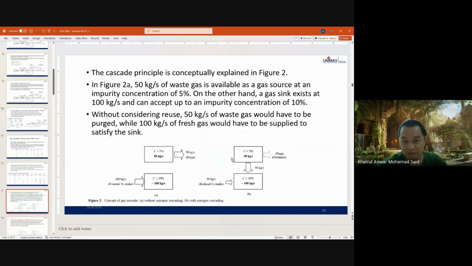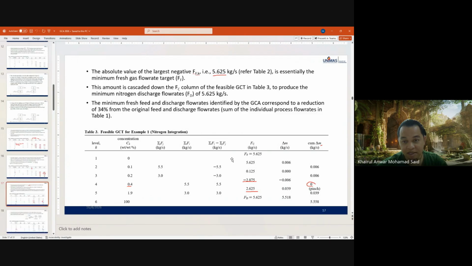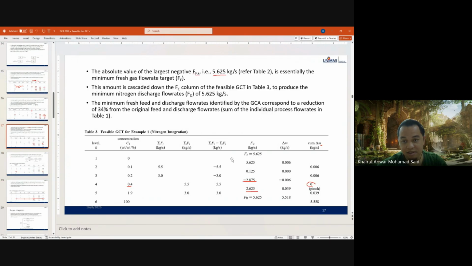So what we need to do, we need to calculate, like this. So the discharge flow rate is similar to what enters: 5.65 enters, 5.65 discharges.